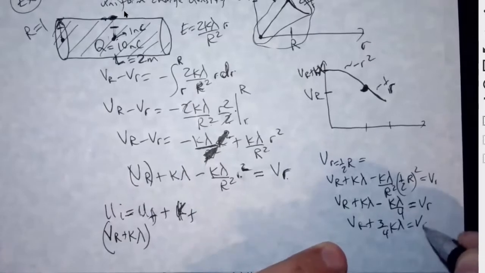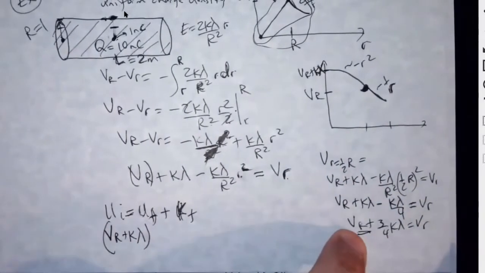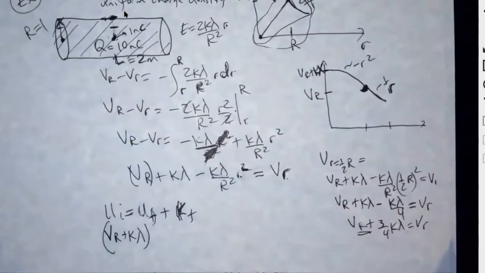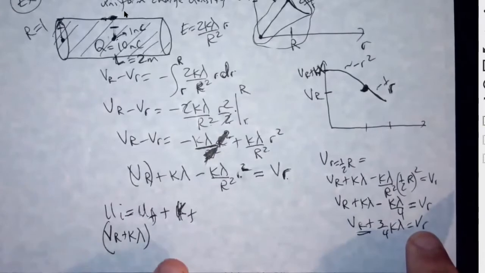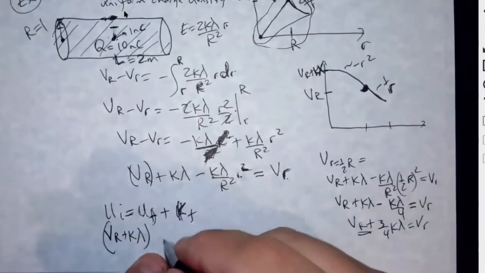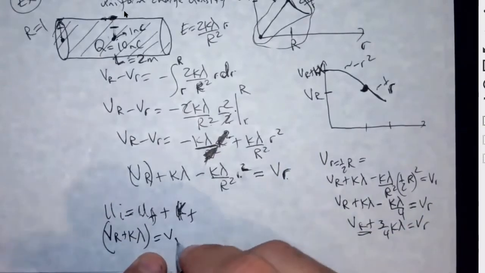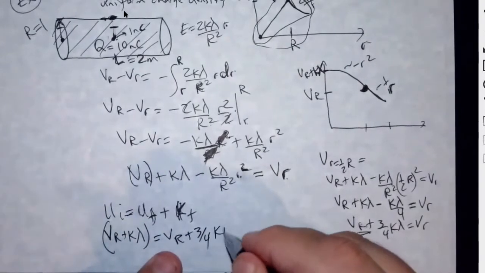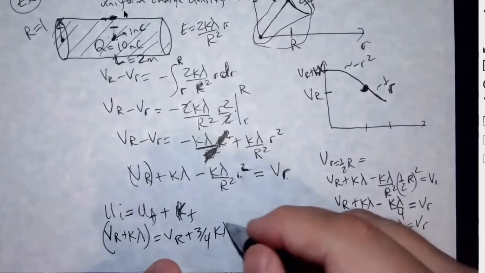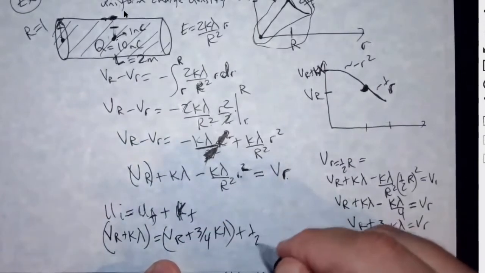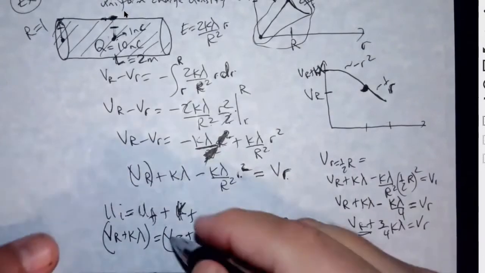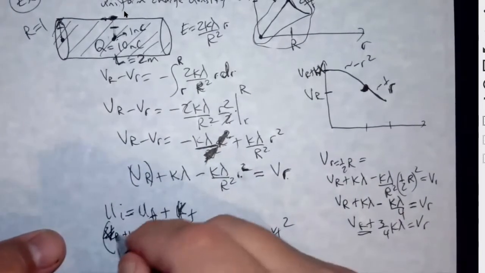You see, it's still in regard to whatever the voltage at the surface is, but we don't really need a value for that. So then we say potential energy final is V sub r plus 3/4 k lambda, plus half m v final squared. Okay, now notice what happens. V sub r cancels.